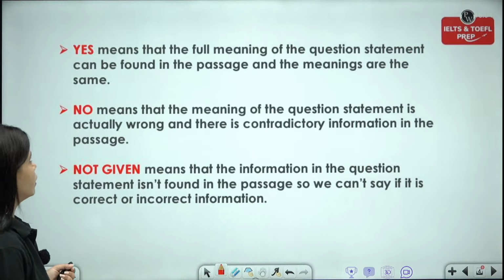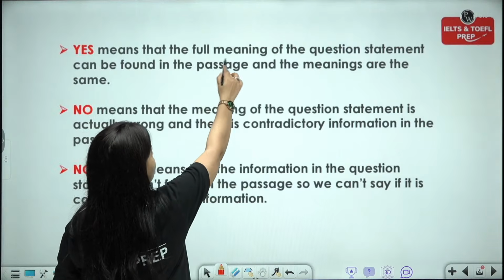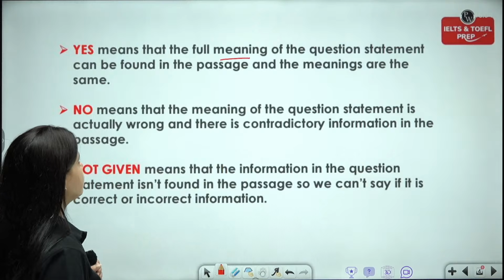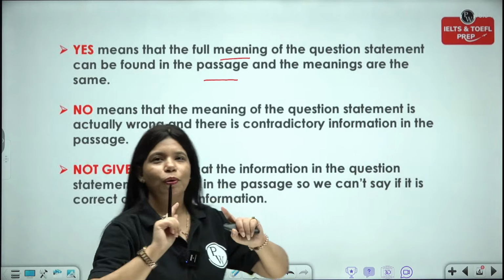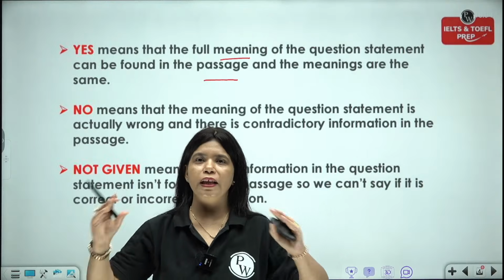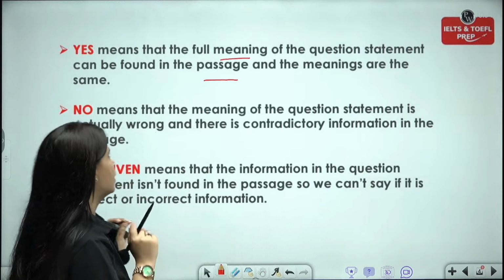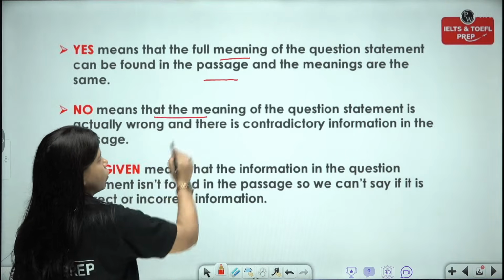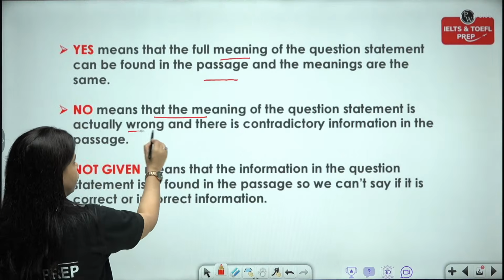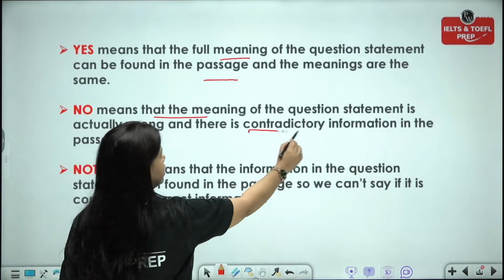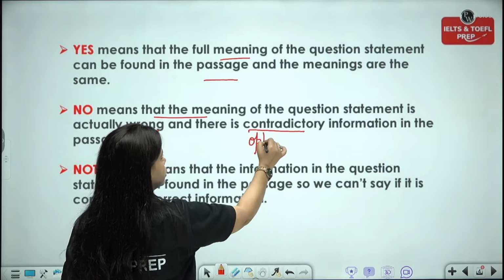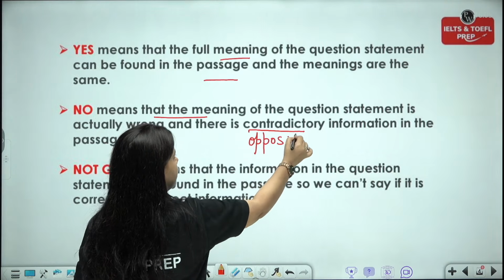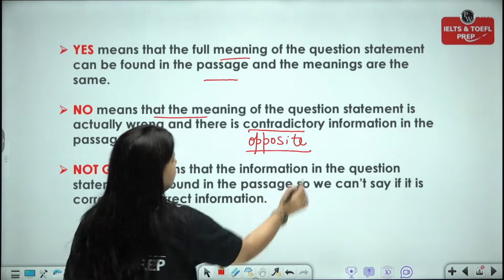Yes means that the full meaning of the question statement can be found in the passage and the meanings are the same. The question's meaning and the text's meaning are matching exactly. No means that the meaning of the question statement is actually wrong and there is contradictory information in the passage. Contradictory means opposite information in the passage, like the example I gave you of left and right direction.